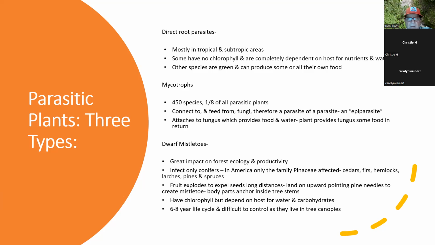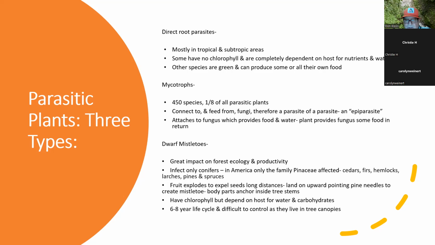Then you have mycotrophs, of which there are 450 species and make up 1/8 of all parasitic plants. They connect to and feed from fungi, which therefore makes them a parasite of a parasite, if you can wrap your head around that, and those are termed an epiparasite.